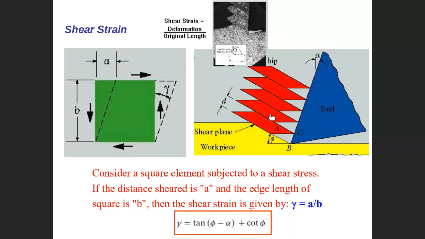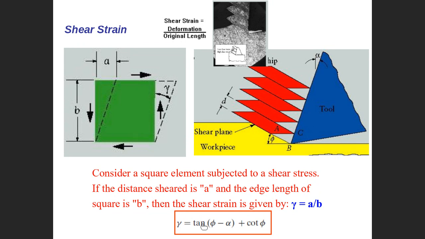When the material reaches the maximum deformation, it will start to shear and separate. This is what we call shear strain. So shear strain is the maximum deformation divided by the initial length. When you reach the maximum deformation, shearing happens, the material starts to separate, and the chip is obtained.